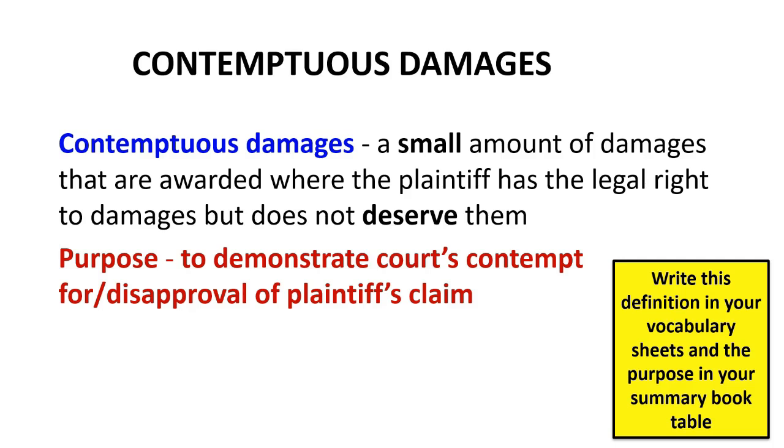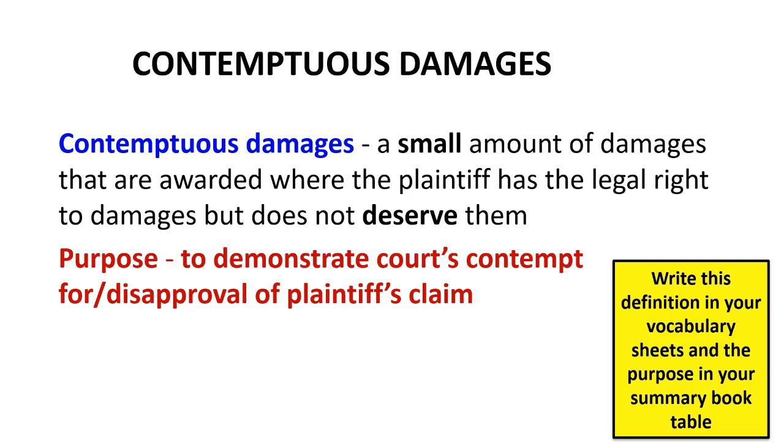An example of where contemptuous damages might be awarded is where the plaintiff starts a fight with the defendant by provoking the defendant, for instance by calling the defendant obscene names. The defendant then hits the plaintiff, breaking the plaintiff's nose, and the plaintiff sues the defendant for trespass.